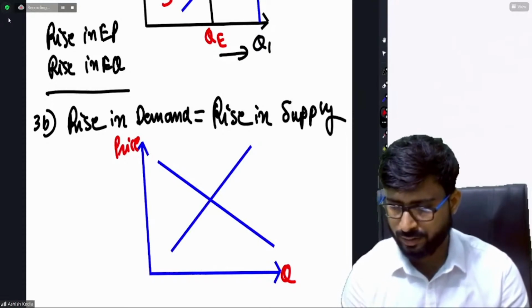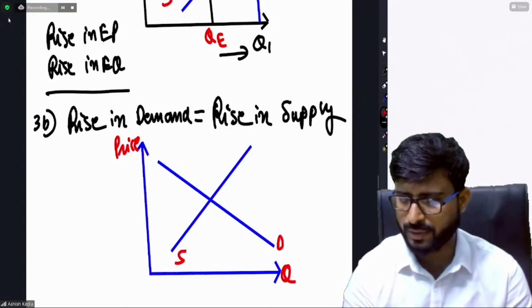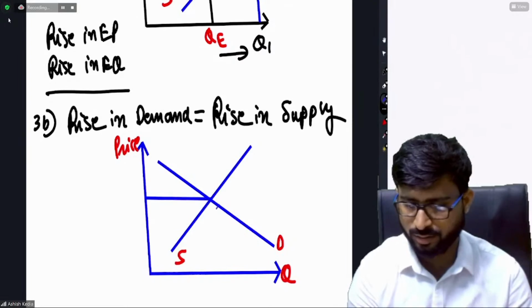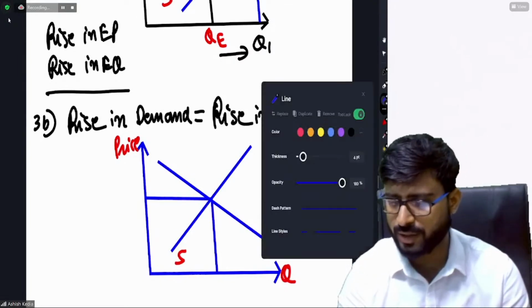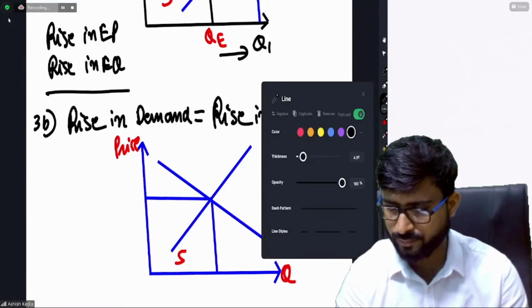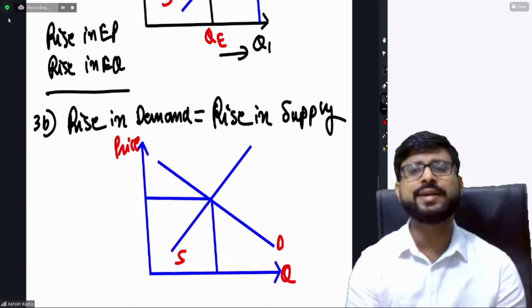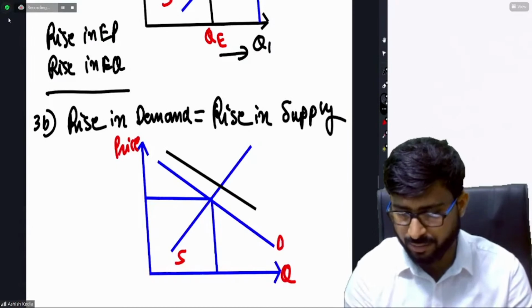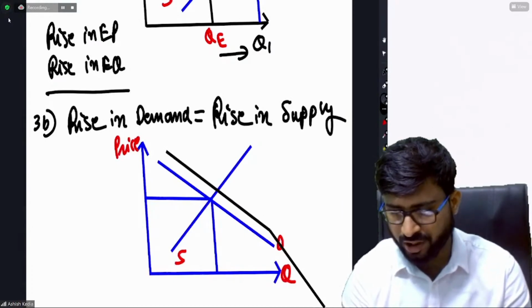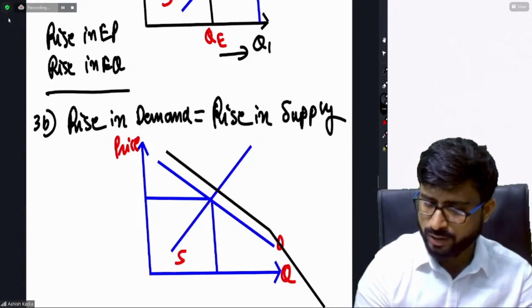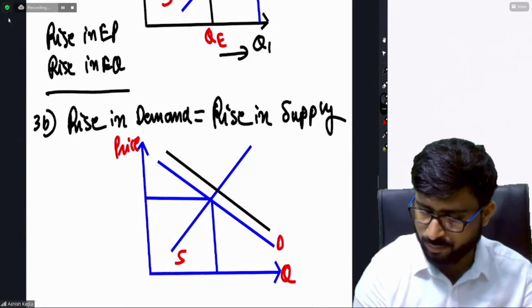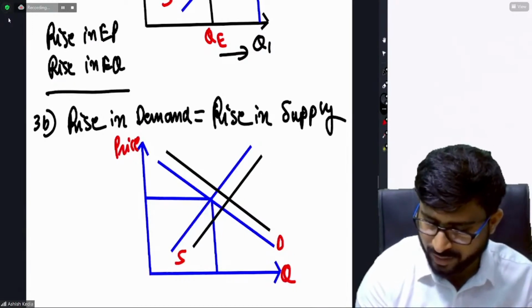Okay? Now pay attention, everybody. When both are rising by the same quantity, the quantity by which demand is shifting rightward is also the quantity by which supply is shifting rightward.